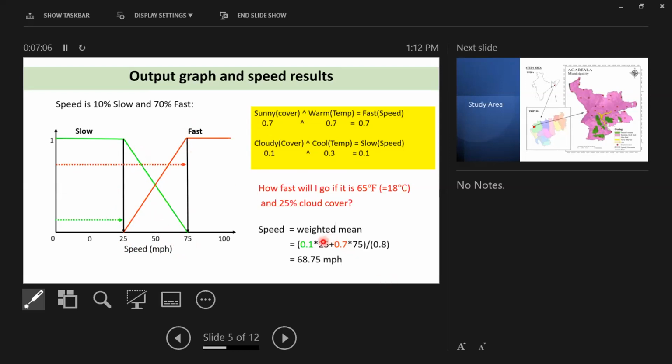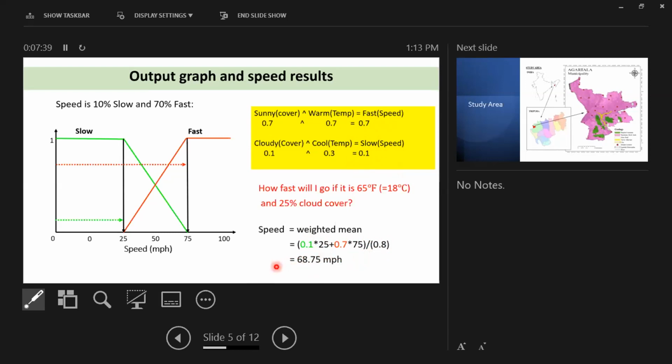And we can multiply the result of the AND operator with this value correspondingly and add them, and divide by the total of the AND operator results, so we can get the answer.